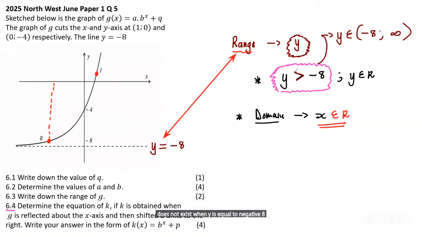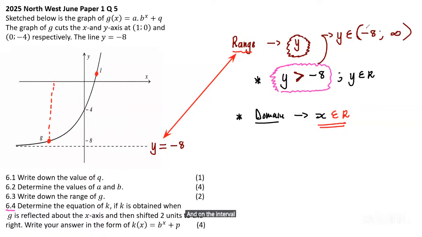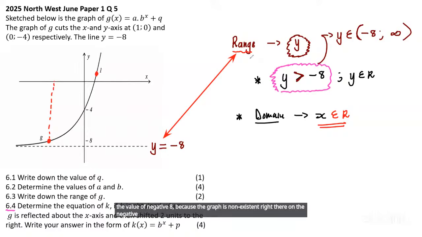So that's why it's greater than -8. And in interval notation, it's a circular bracket, meaning I'm excluding the value of -8 because the graph is non-existent right there at -8.